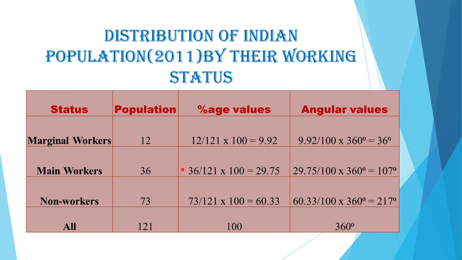So 12 divided by the total into 100 gave us 9.92. After that, we have to convert into angular values of 360 degrees. This 9.92 divided by 100 multiplied by 360 degrees gave us 36 degrees. Similarly, we can convert the main workers and the non-workers as per the formula mentioned above.